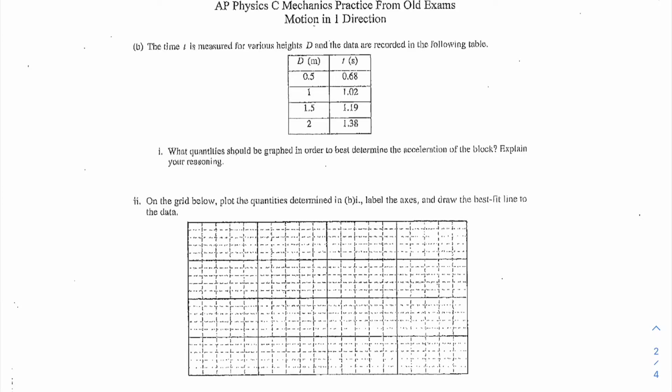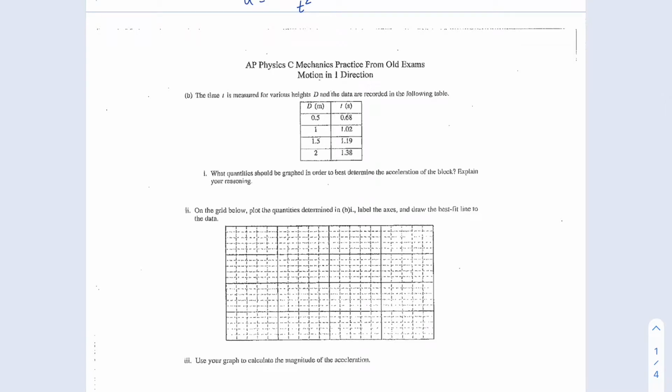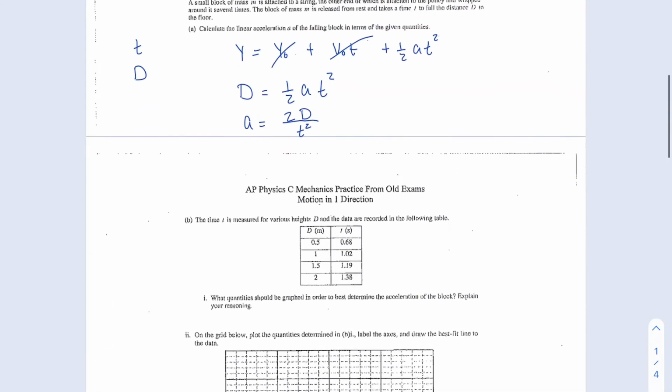So usually you will either be given an equation or you will be asked to find an equation like we just did in part A. And so the way I like to set this up is, go ahead and go to a blank page to do this. So we have our equation from part A, d equals 1/2 a t squared.